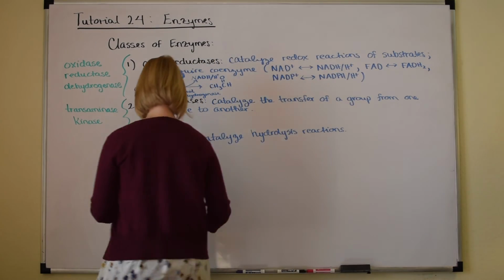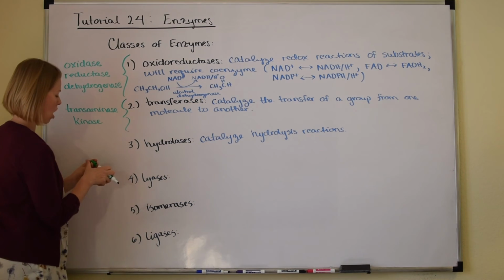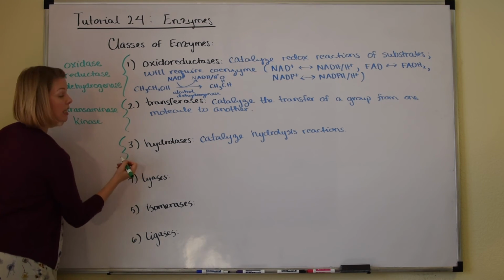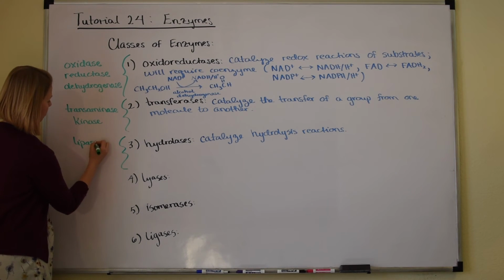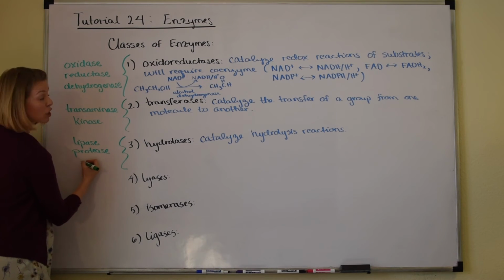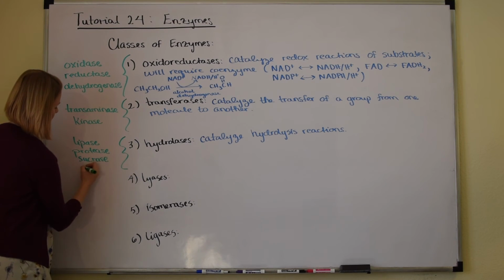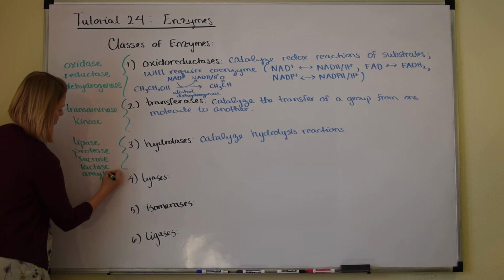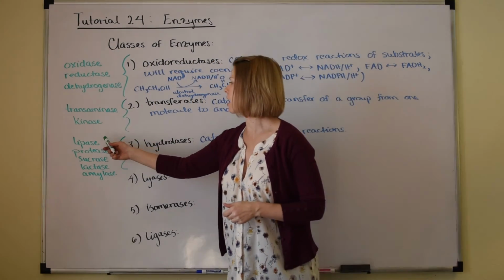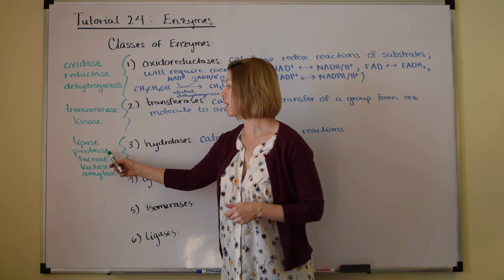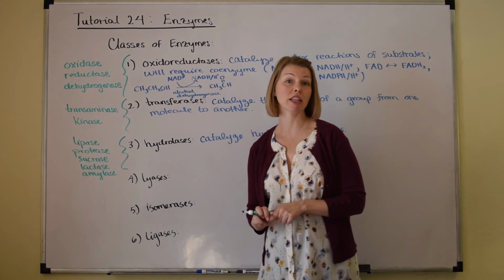So let's write over here in a green pen some common ones that we're going to see. Again, this will mostly be during digestion, will be the lipase enzymes, the protease enzymes, and then different specific enzymes for the glycosidic bonds like sucrase, lactase, amylase. Those are all going to be hydrolyzing different types of bonds. Ester bonds, peptide bonds, and glycosidic bonds.